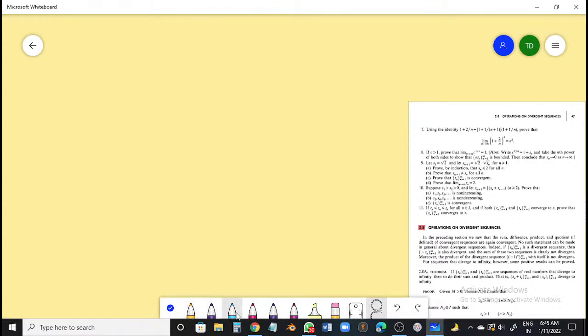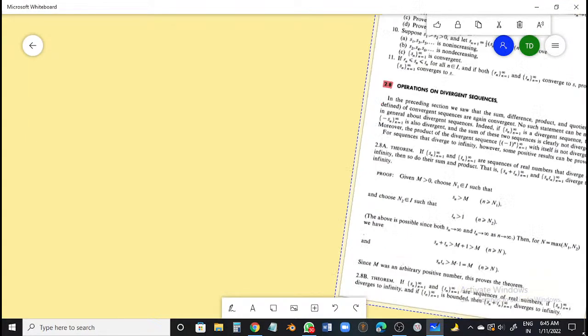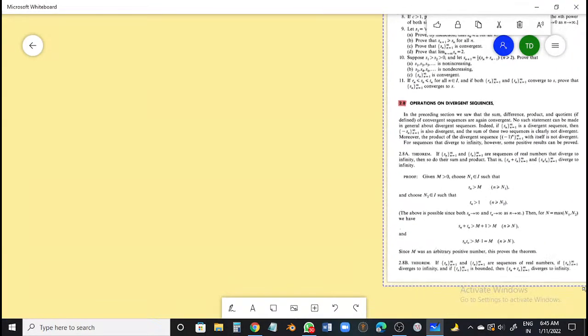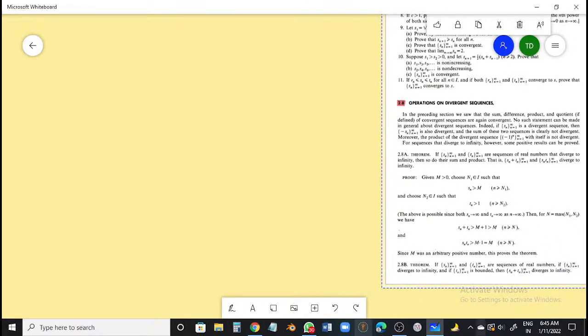Okay, so let us go back with the same kind of statement. Suppose you are having two sequences, both diverging, so obviously the terms will go on increasing. You will be able to find the value after which the terms keep increasing.